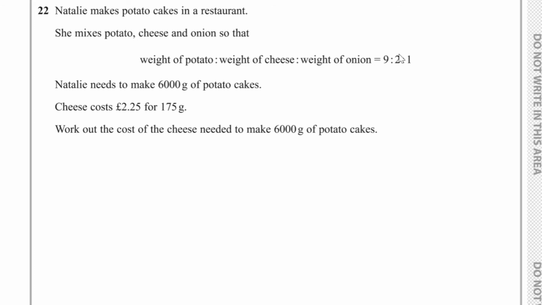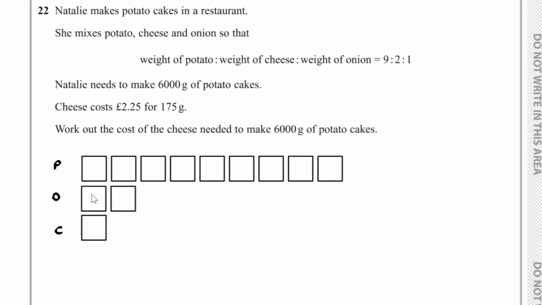Now here, we can represent this ratio using the bar model. And that's what we see here. We've got 9 to 2 to 1. Now we know that she needs to make 6,000 grams in total. Now altogether we've got 9 plus 2 plus 1, which is 12.